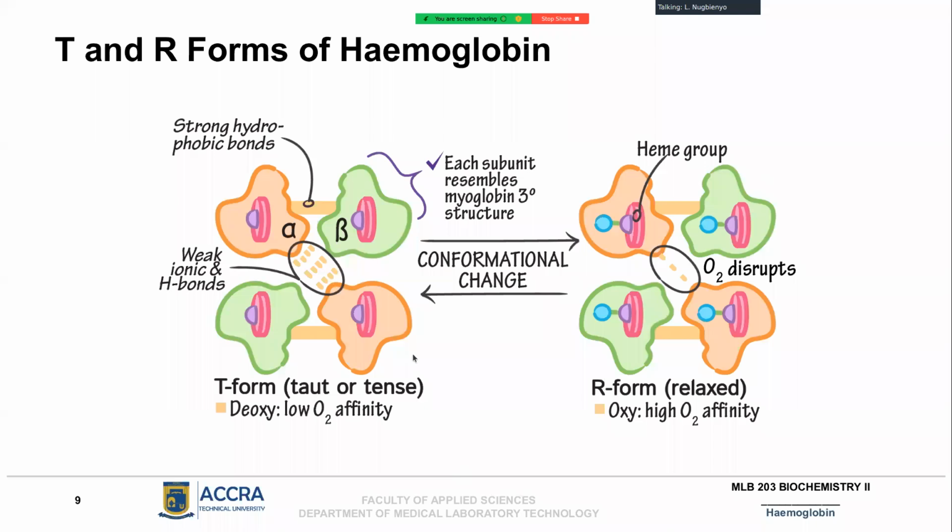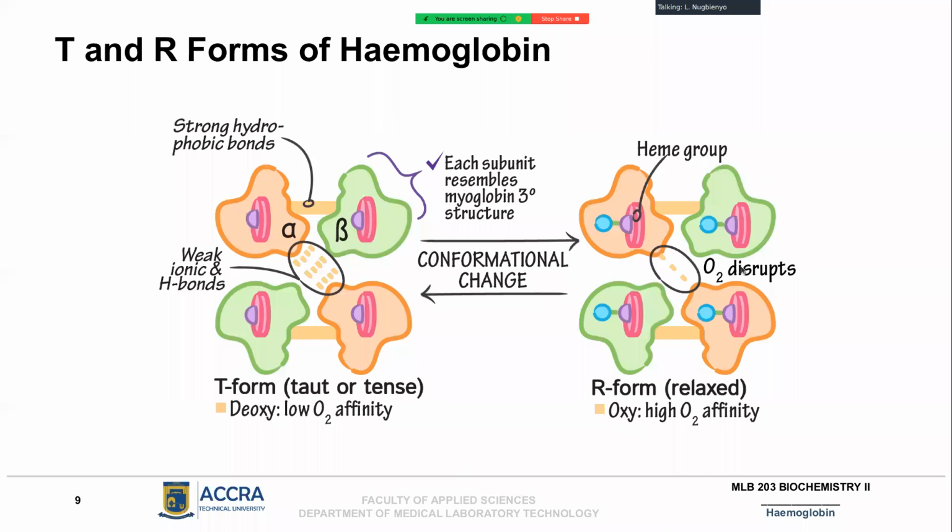Now, like we were saying, when oxygen comes to bind to hemoglobin, it increases the affinity of hemoglobin for oxygen even more. That is because some conformational changes occur in the hemoglobin molecule when oxygen is present, so that the hemoglobin molecule now becomes relaxed. The weak ionic bonds between the alpha globins get disrupted.